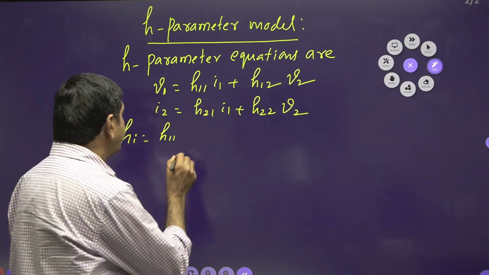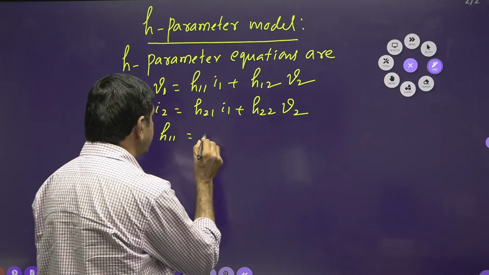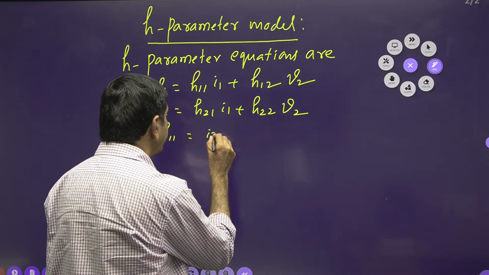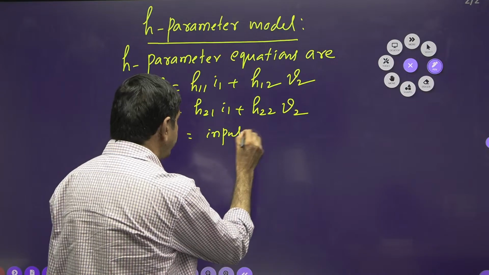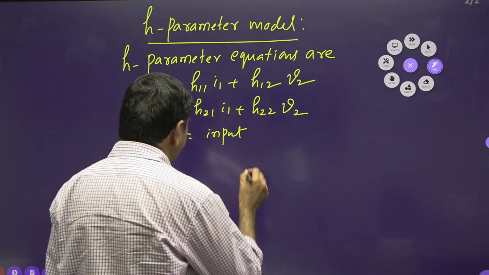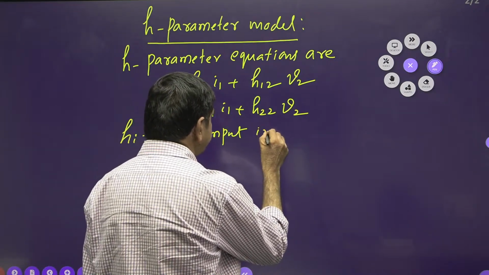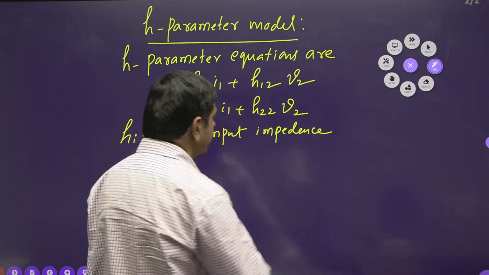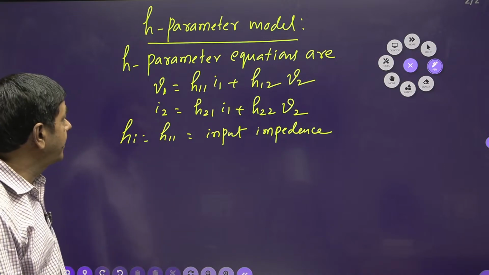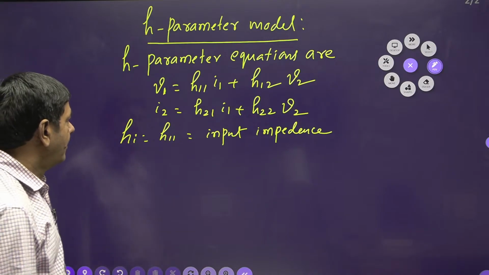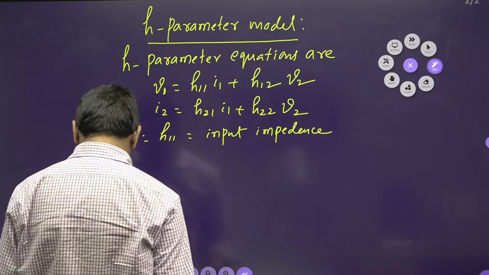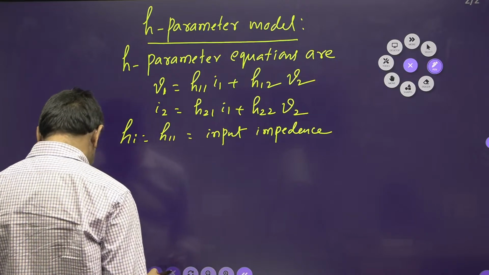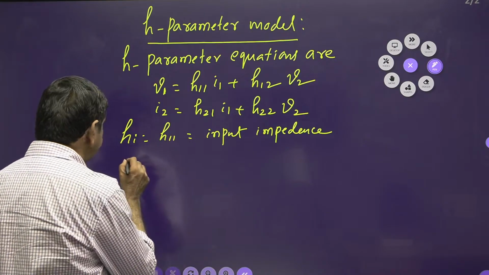The name given for this HI in the analog circuit is input impedance. HI equal to H11 only. What about H12? That H12 is given a name of HR.